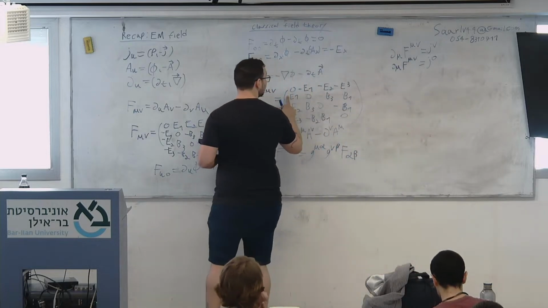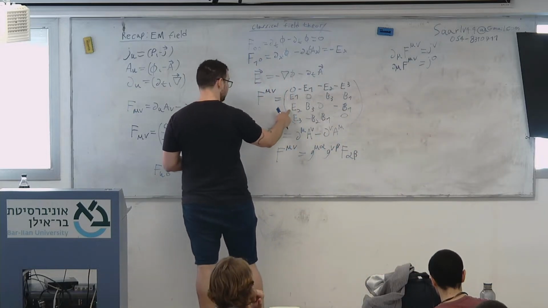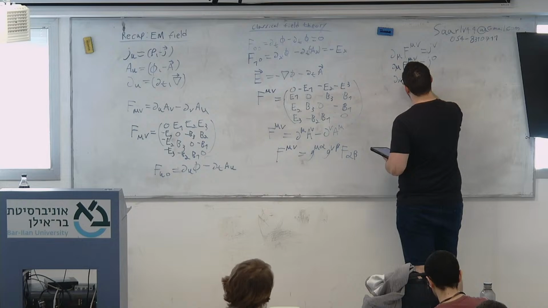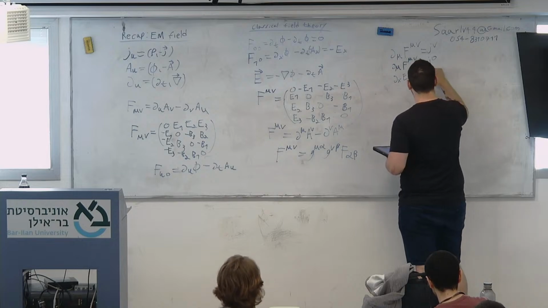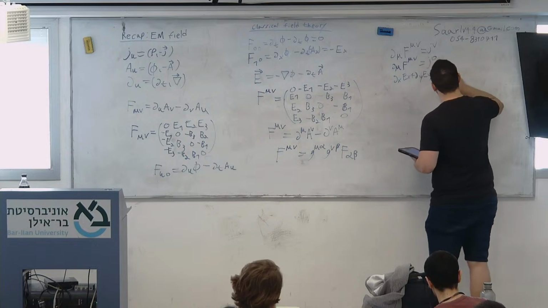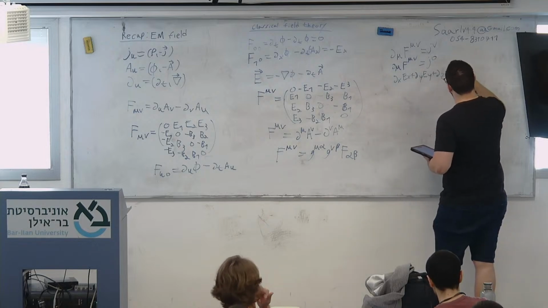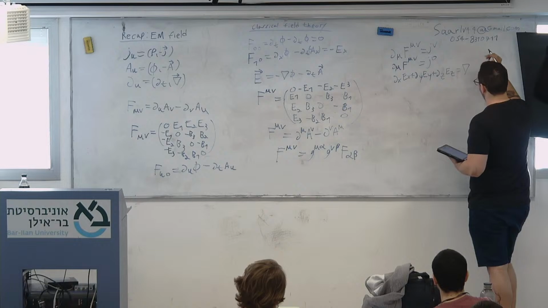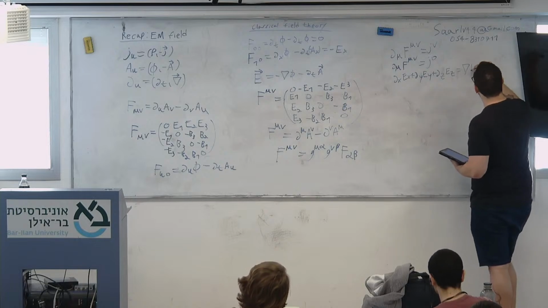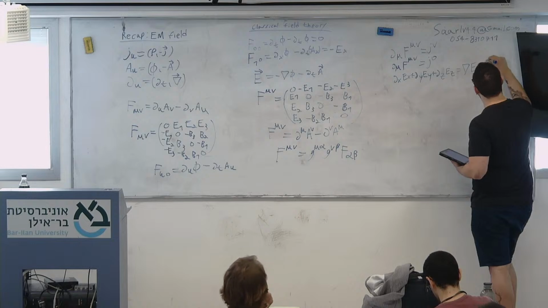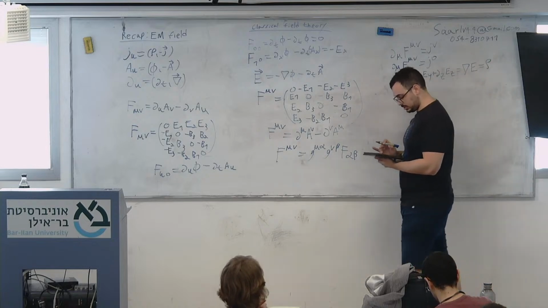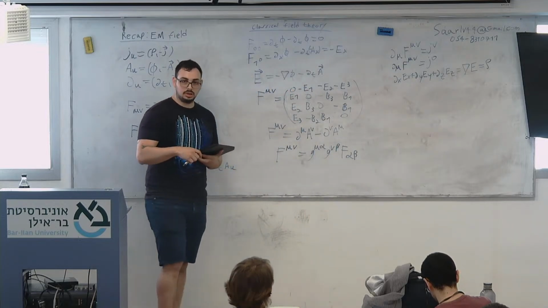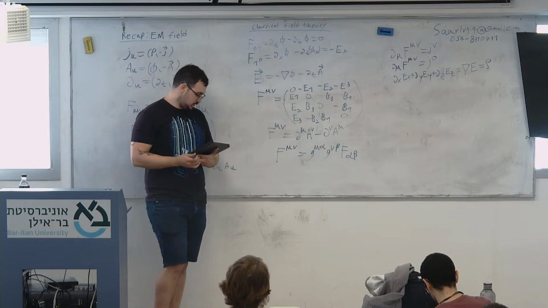We see from this definition here that we will have the x plus the y plus the z equal to the divergence equal to rho, which is, if you remember, the first inhomogeneous Maxwell equation.